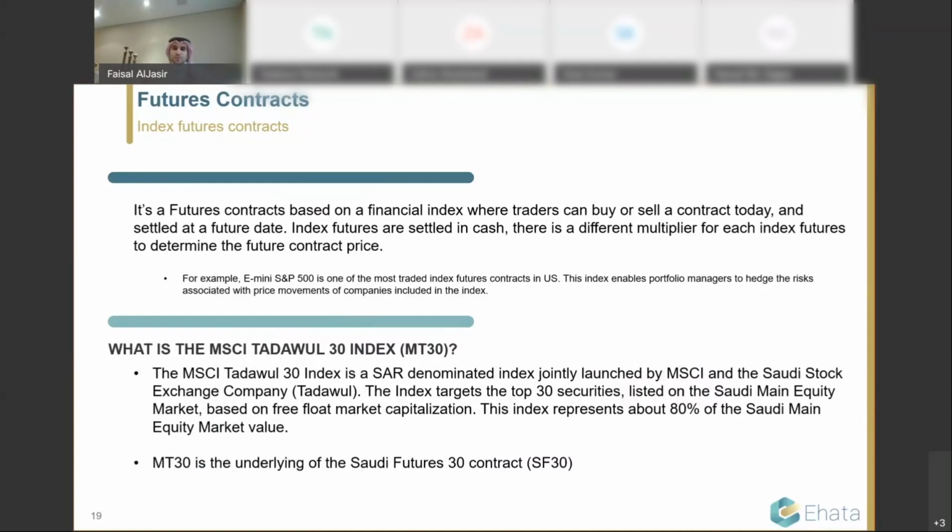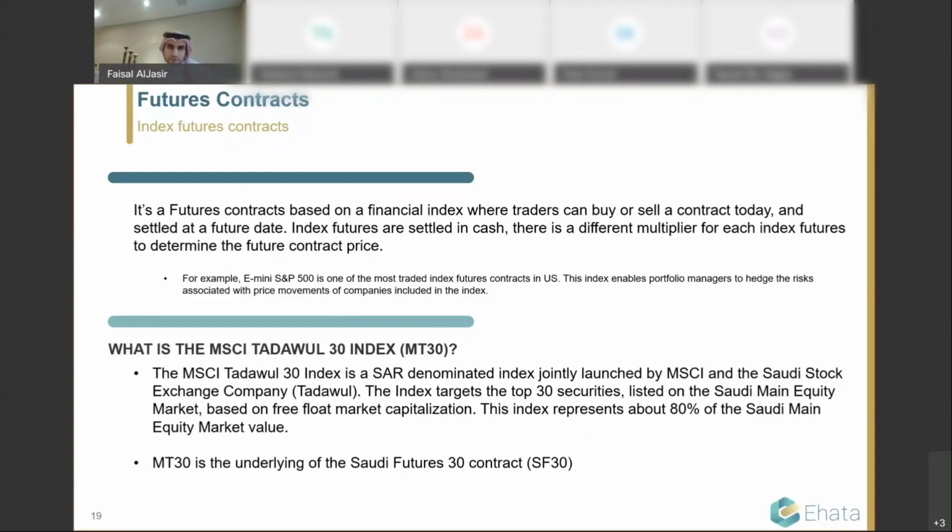When we're talking about a position in an index future, you're practically having an exposure to the stocks comprising the index itself, in this case the MT30. One feature of the index future is the delivery factor. It is cash settled, and it sometimes has a different multiplier for each index future.